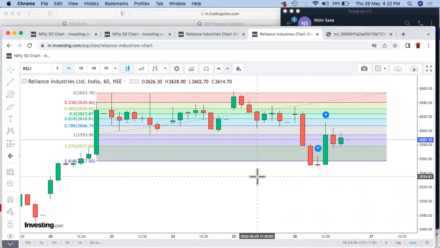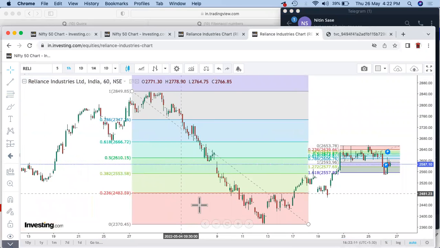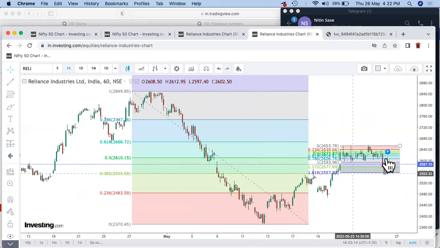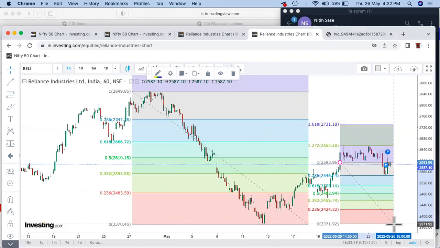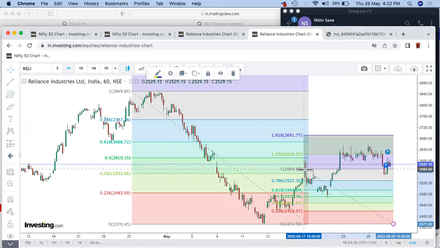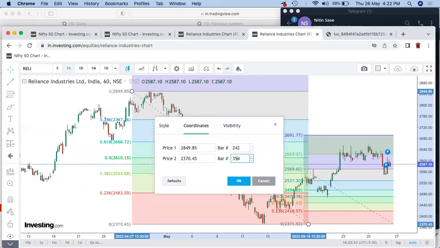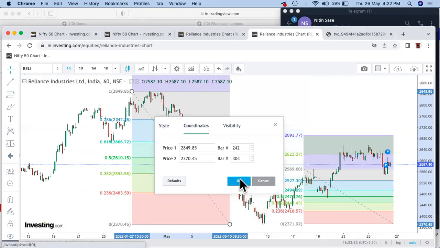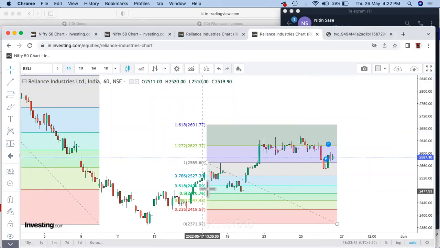So Fibonacci retracements can be done in various time frames. It depends upon where exactly the retracement is coming, right? Let's say this is my low, and after that this is my high, and I got an entry somewhere around 0.5.